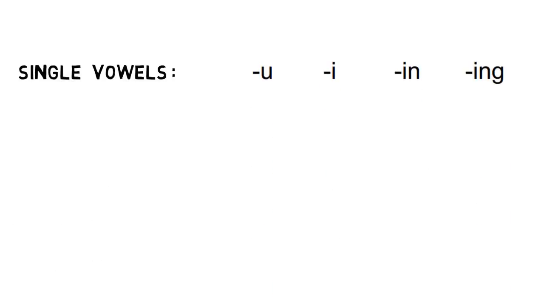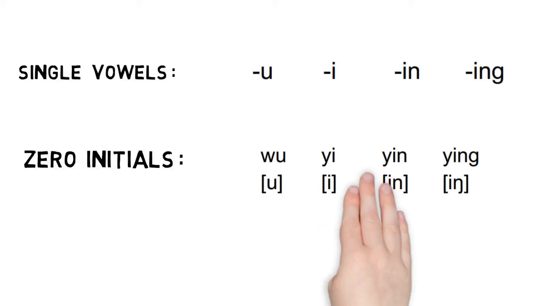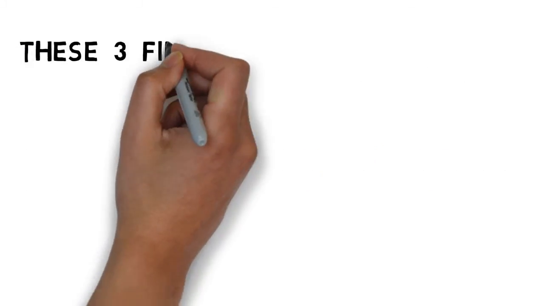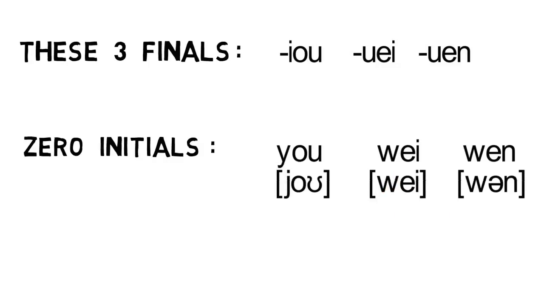This had a couple of exceptions. For single lone vowels, you'll add a Y or a W instead of replacing the vowel, forming u, yi, yin, or ying. And for the 3 finals we discussed earlier, yo, wei, and wen, you don't drop the middle letter like you usually do and spell them like this, yo, wei, wen.